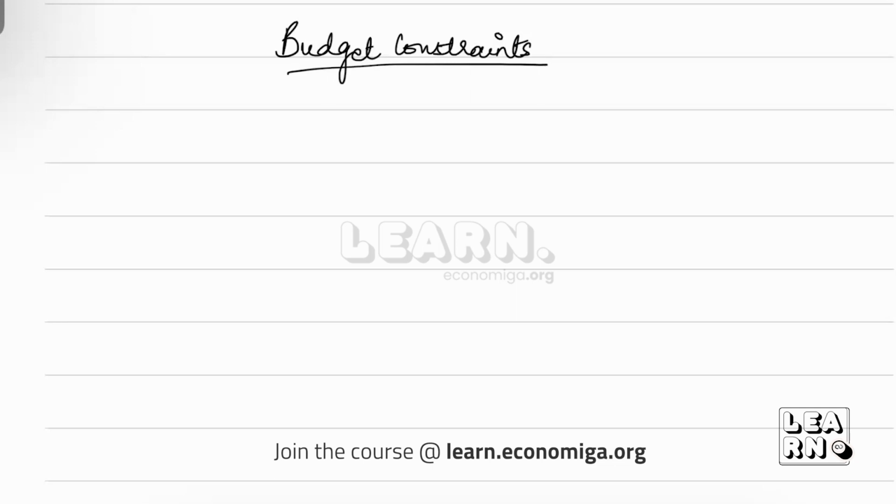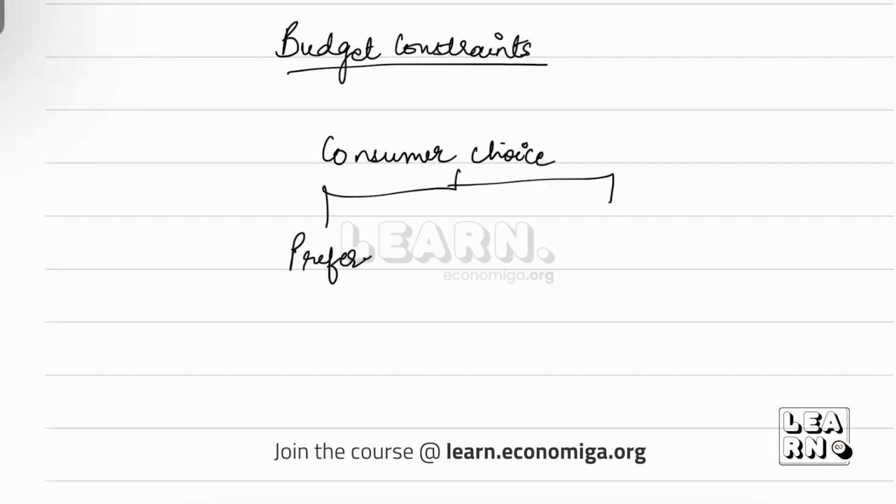Good afternoon, everyone. In this lecture, we're going to deal with the concept of budget constraints and budget lines. I've told you earlier that consumer choice has two major pillars: preferences and affordability.